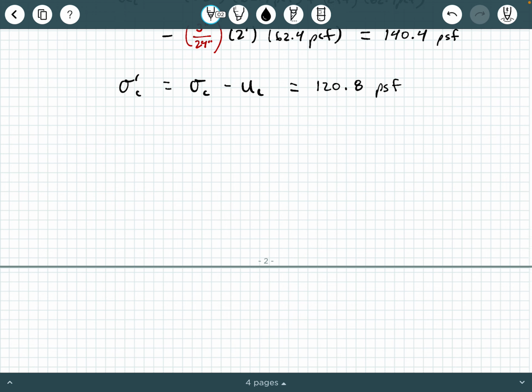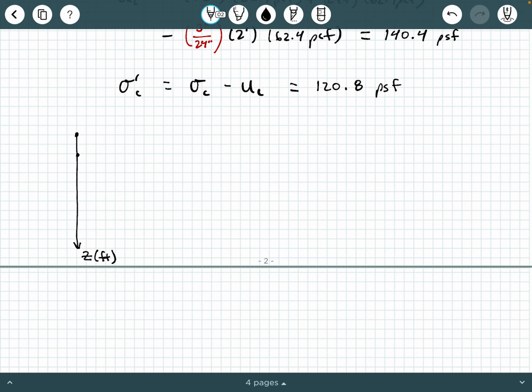Now we are ready to generate these plots. So similar to what we have seen before, we can establish a depth axis. I'm going to put 3 plots here, and I'm going to have 3 depth axes. So this is depth in feet. And I'm going to go ahead and establish my points. This is the top of the water here.